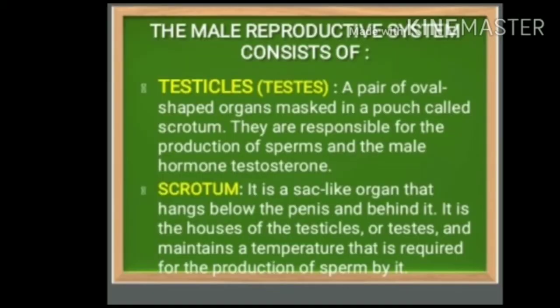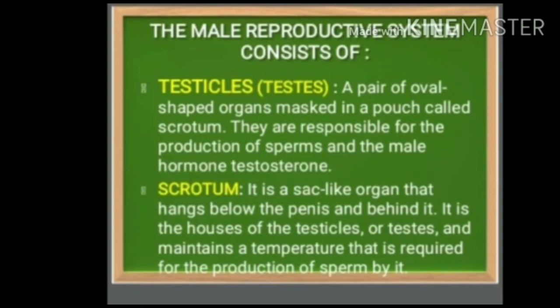Now let us understand the male reproductive system once again. The first part, testes. It is a pair of oval shaped organs, as we have seen in the figure, enclosed in a pouch called scrotum. They are responsible for the production of sperm and the male hormone testosterone.